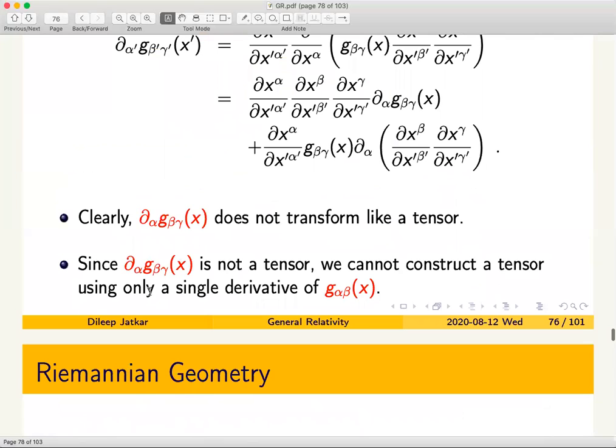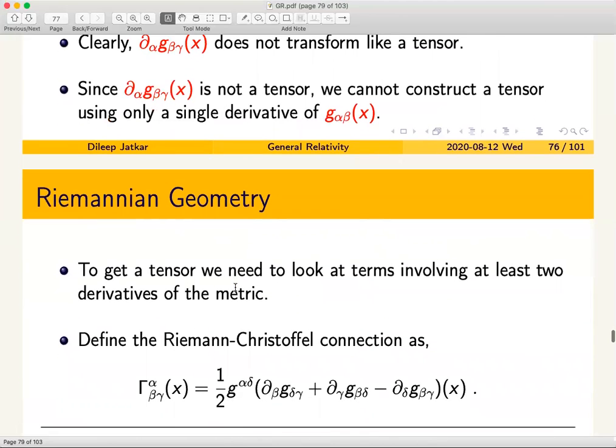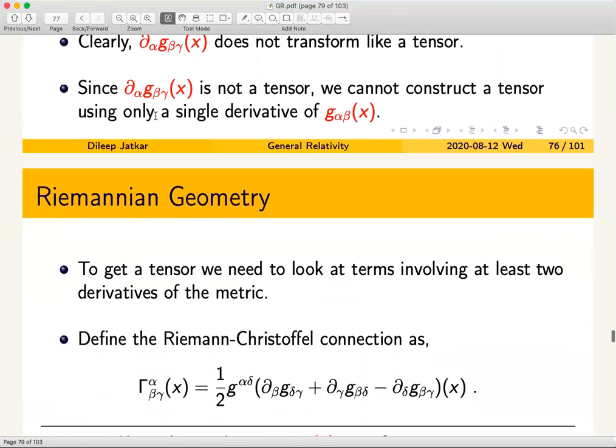Now, if it is not a tensor, then of course we cannot construct a tensor out of it. So as far as our search for a frame-invariant object is concerned, this is a place where we cannot really use anything. But nevertheless, this partial derivative teaches us something else. We can write down a new quantity which I defined last time as the Riemann-Christoffel connection.